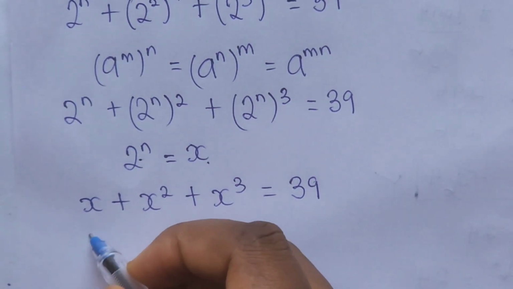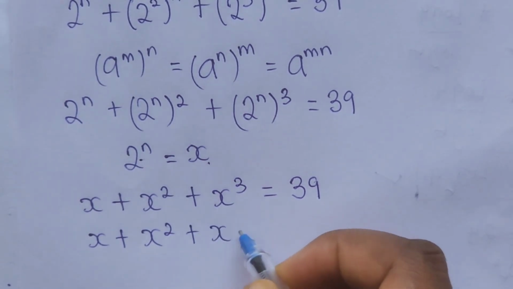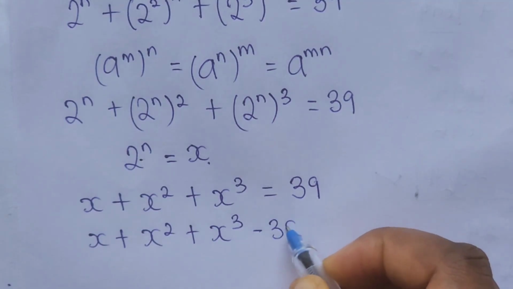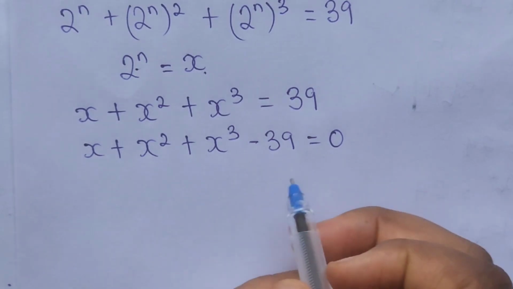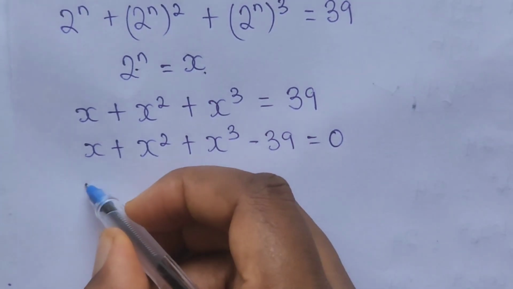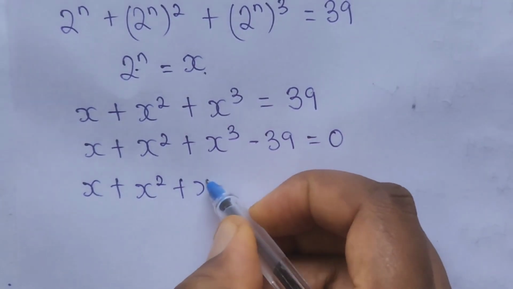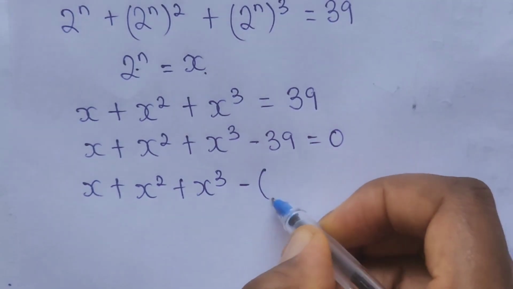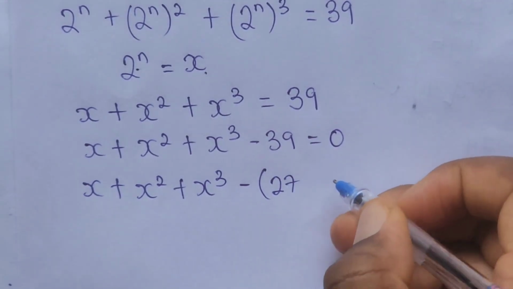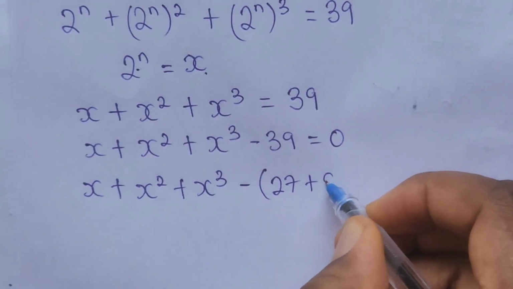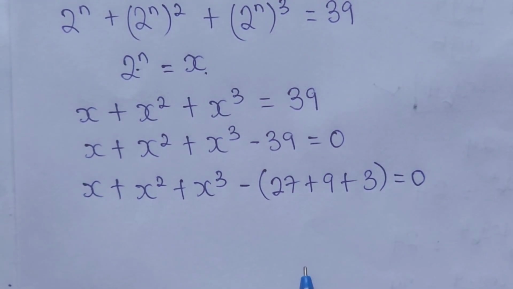So this is the same as x plus x squared plus x cubed minus 39 equal to 0. So we can split this into different numbers to have x plus x squared plus x cubed minus, we can have 27 plus 9 plus 3, which is equal to 0.